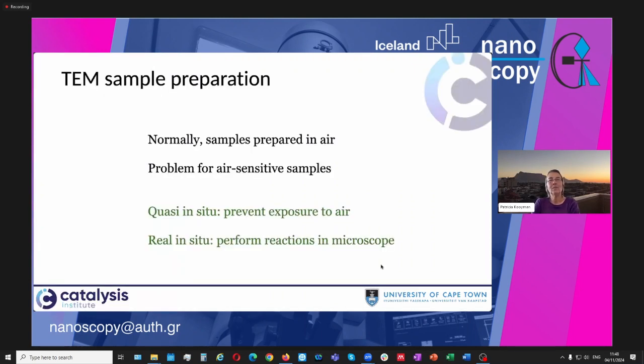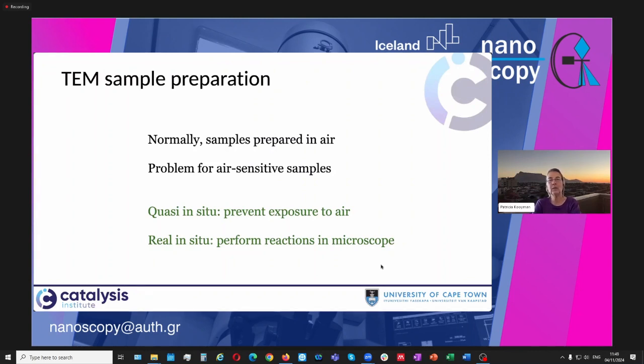So my question to Calliope already was a short introduction to what I'm going to speak about, because all of transmission electron microscopy will probably have prepared their samples just on the lab table.